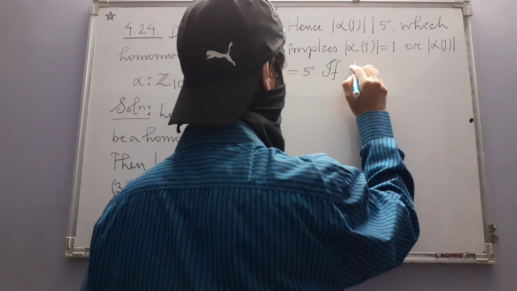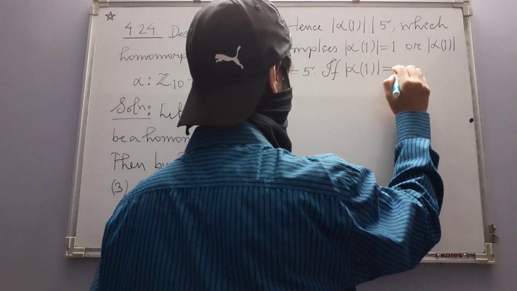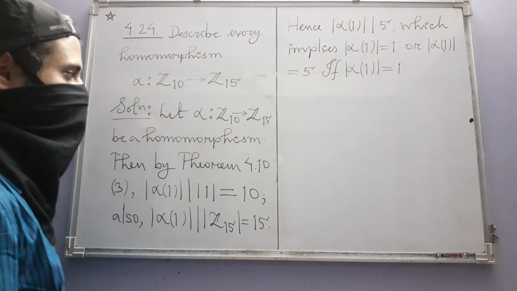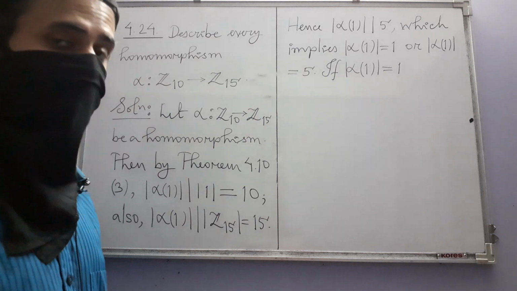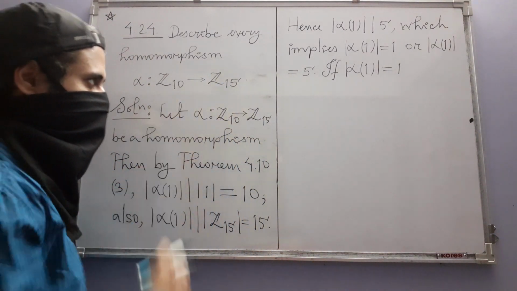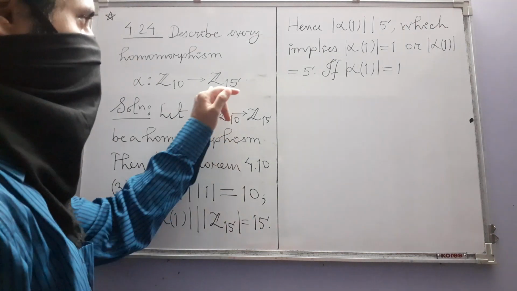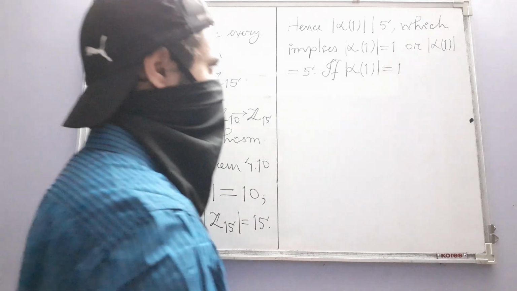If the order of alpha of 1 is 1, then alpha of 1 will be the identity element in this group, of course, because alpha of 1 belongs to this group. That is because in any group the only element whose order is 1 is the identity element.